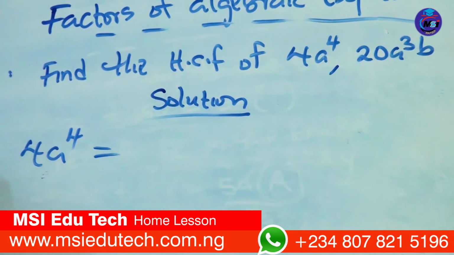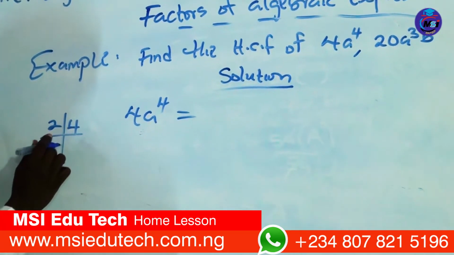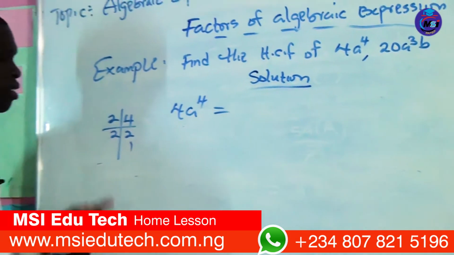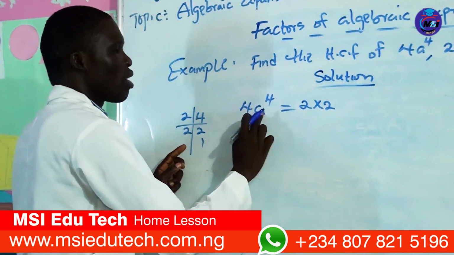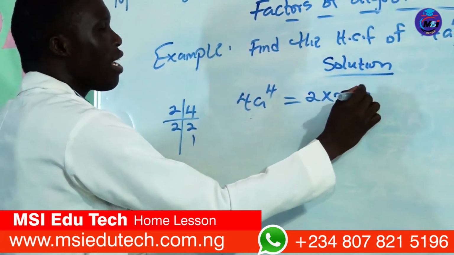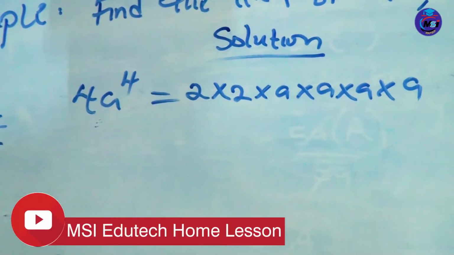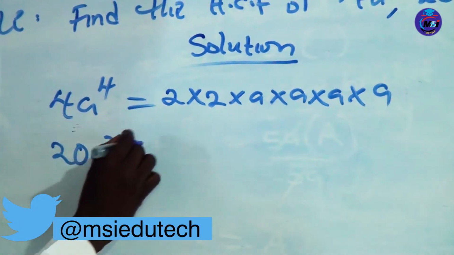Think of a number to divide 4 without remainder, 2. Okay, 2 into 4 will give us 2. 2 into 2 will give us 1. So this is telling you that 2 times 2 is 4. A raised to the power 4 means a in 4 places, a times a times a times a. Okay, you pick 20a cube b.